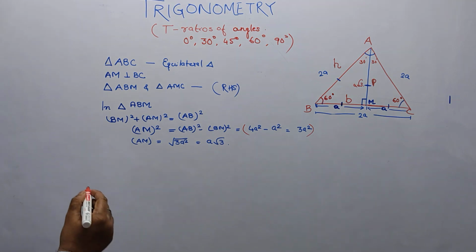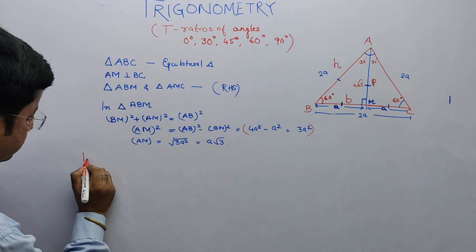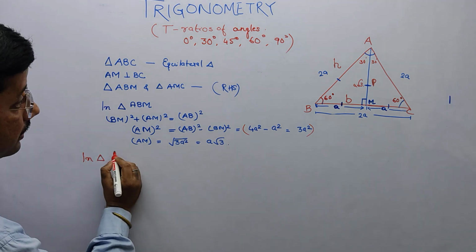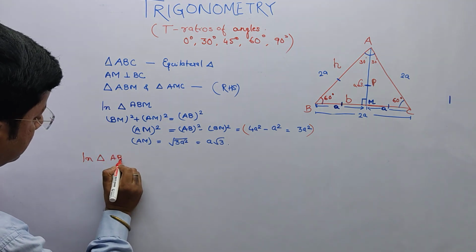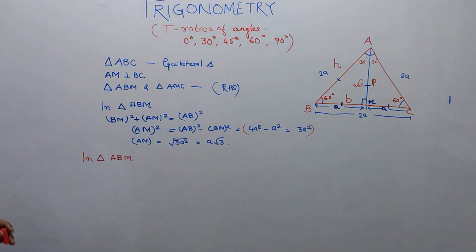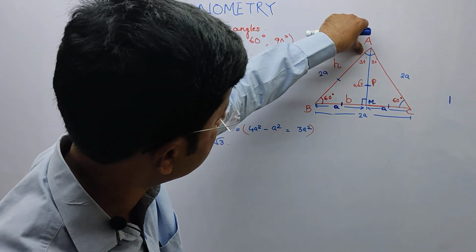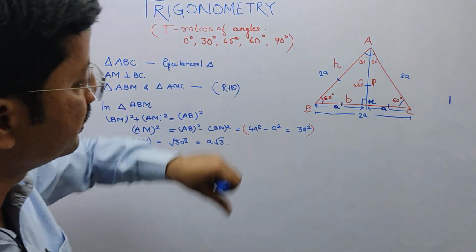Now what will be the sine in triangle ABM? Which triangle are we talking about? ABM. We are talking about ABM.